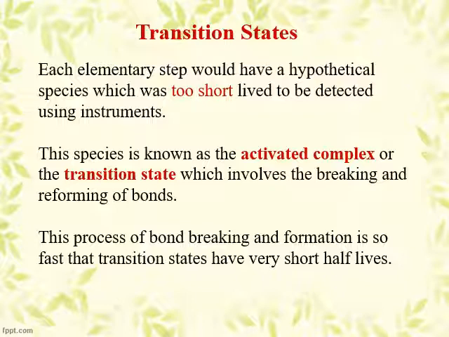The process of bond breaking and formation of the activated complex at the transition state is so fast that these transition states have a very short half-life. Because of the very short half-life, they are too short to be detected using instruments, meaning difficult to detect.